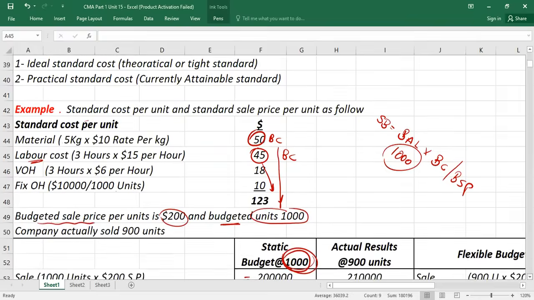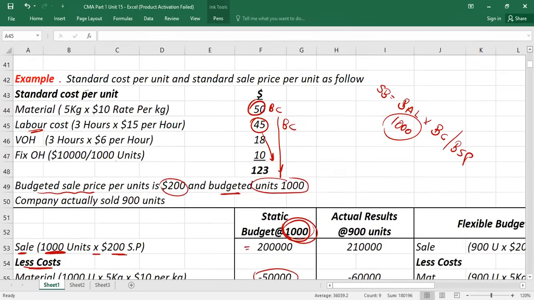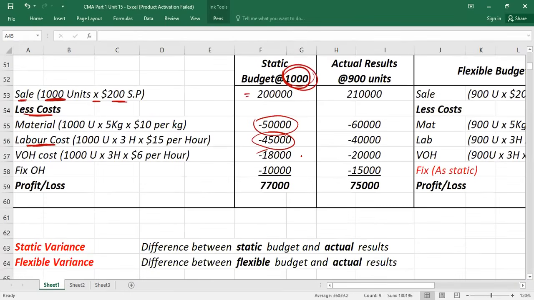So 45 times 1,000 gives a labor cost of 45,000. For variable overheads, I multiply the budgeted cost by the same budgeted units. So 18 times 1,000 gives 18,000.